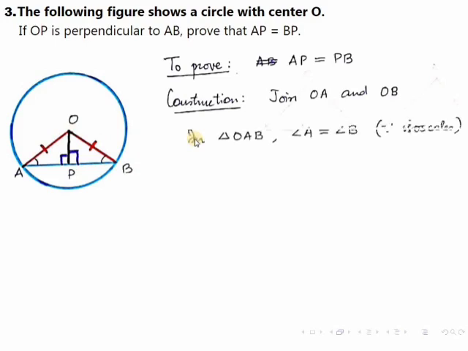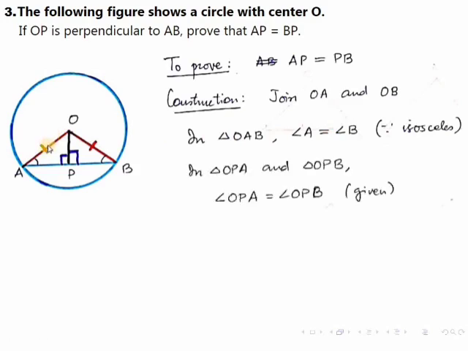In a triangle, if these two sides are equal to each other, then it is an isosceles triangle, and in an isosceles triangle the base angles will also be equal. So angle A and angle B are also going to be equal to each other.